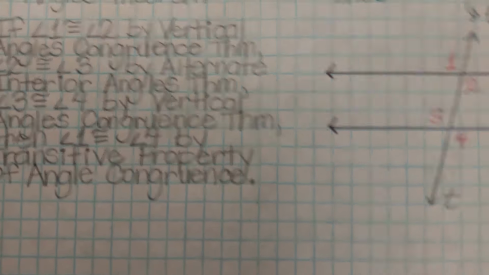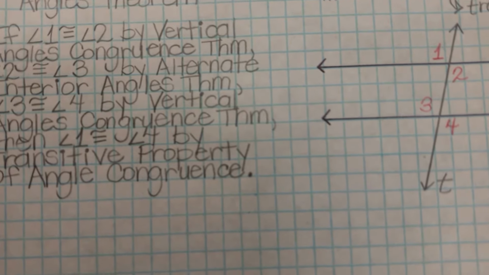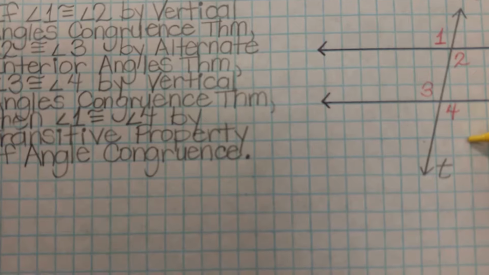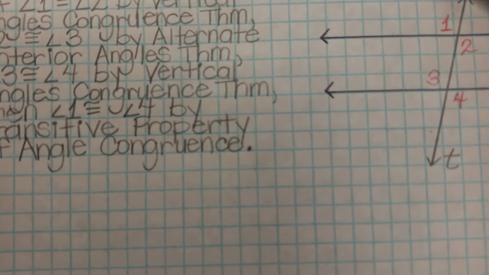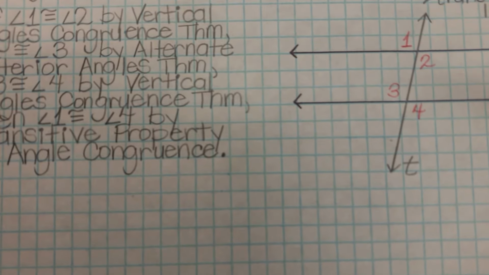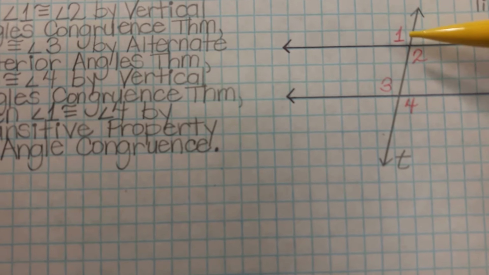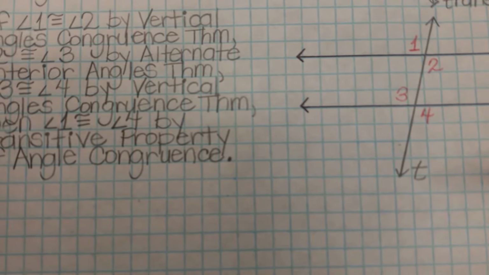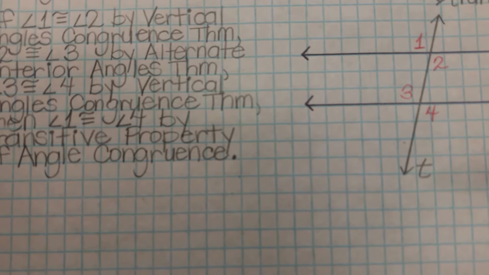Now this next one is a little tricky. I had to figure out how angle 1 and angle 4 are congruent, so I had to find another method. I'm going to kind of go around the world to get back to my answer. Off the top, I know that angle 1 and angle 2 are congruent because they are vertical angles.